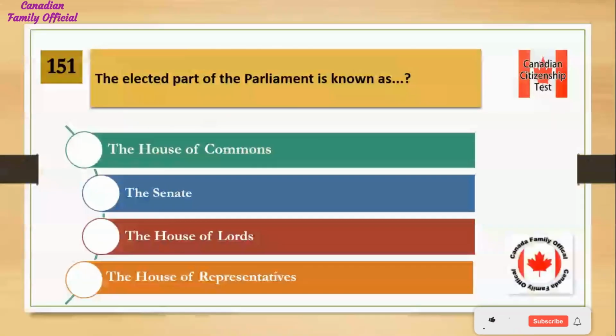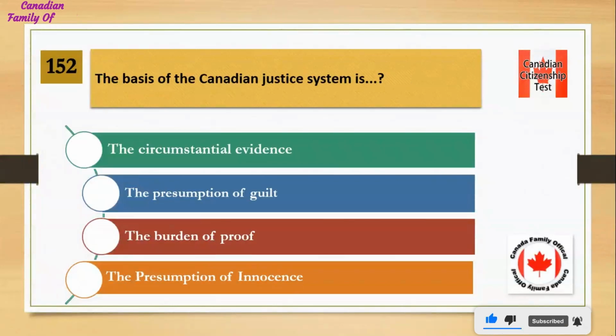The elected part of the Parliament is known as Number 1 the House of Commons, Number 2 the Senate, Number 3 the House of Lords, Number 4 the House of Representatives. And the answer is the House of Commons.